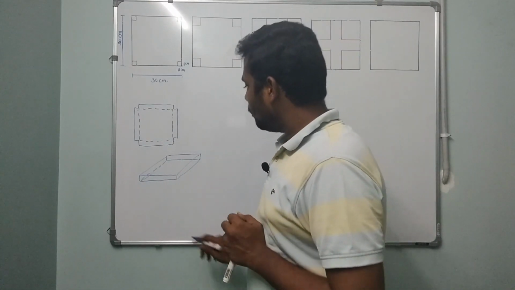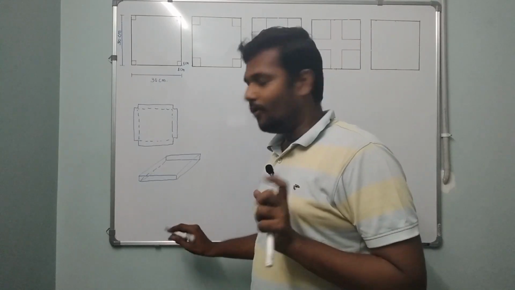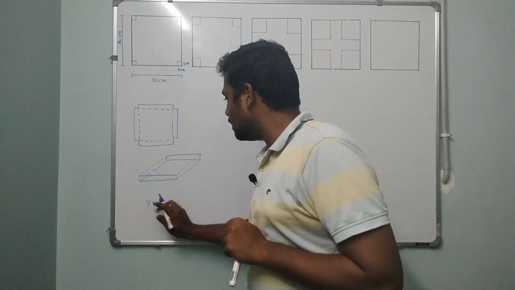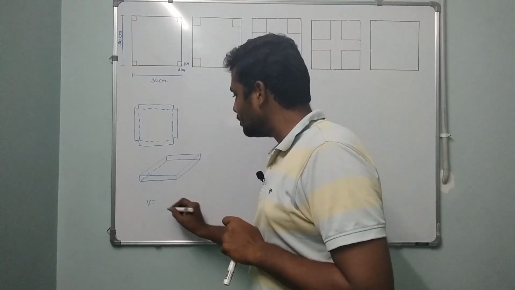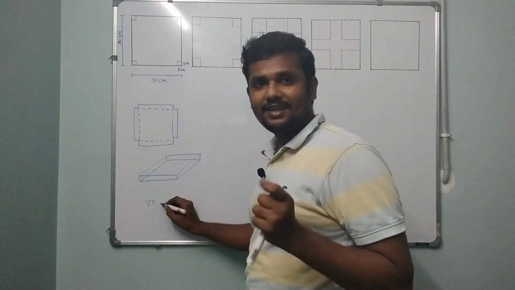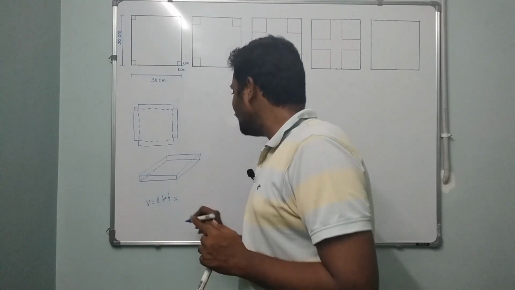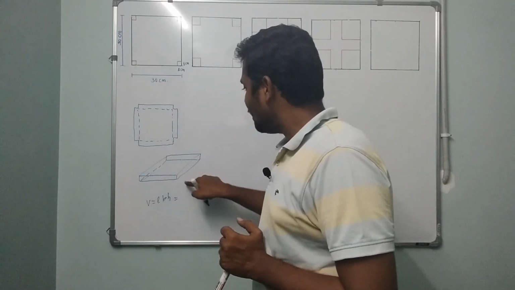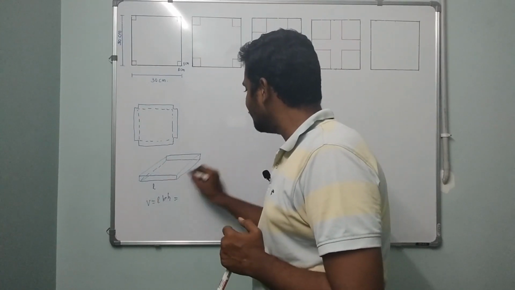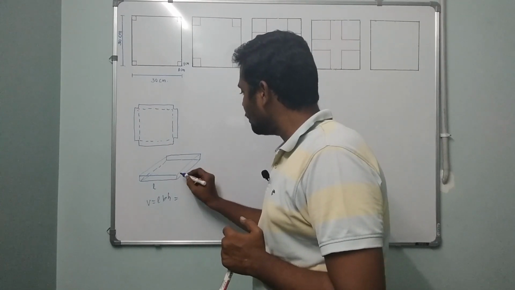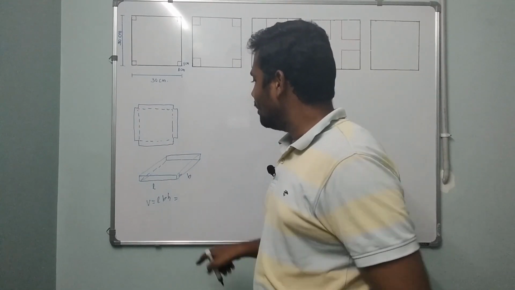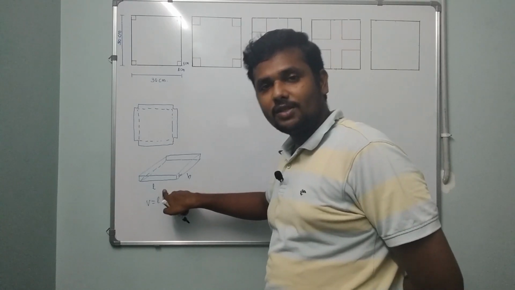Okay, so our target is to find the volume. What is the volume of this box? It is nothing but length into breadth into height, right? So what is the length? This is going to be length, and this is going to be the breadth, and this is going to be the height. Am I right? Now you tell me, what is the length of this box?